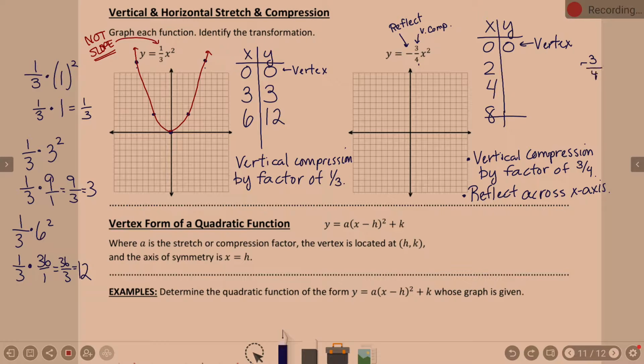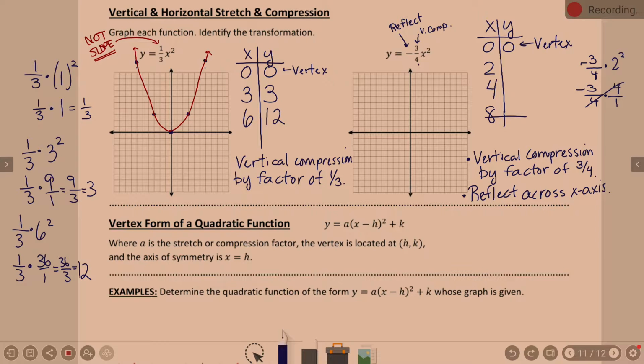So, okay. Negative 3/4 times 2 squared. What is 2 squared? 4. Negative 3 over 4 times 4. 4 as a fraction is 4 over 1. The 4's will cancel.